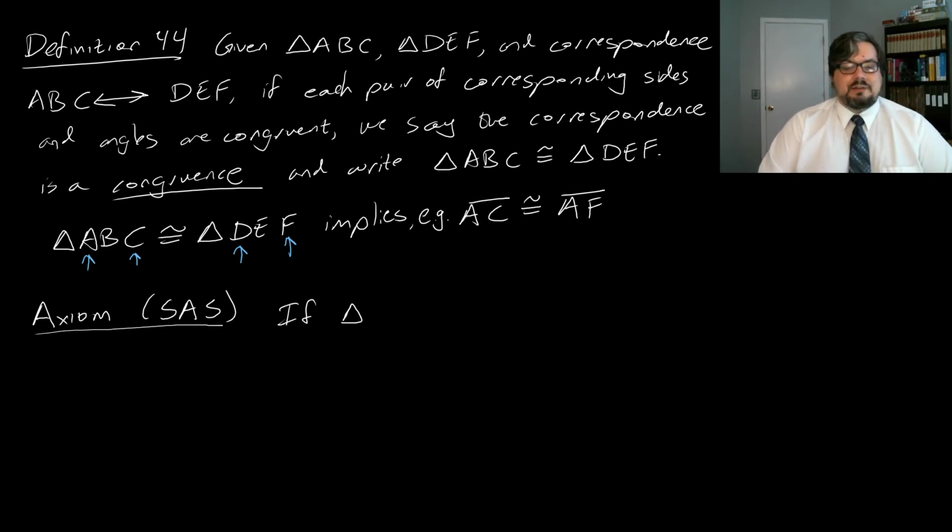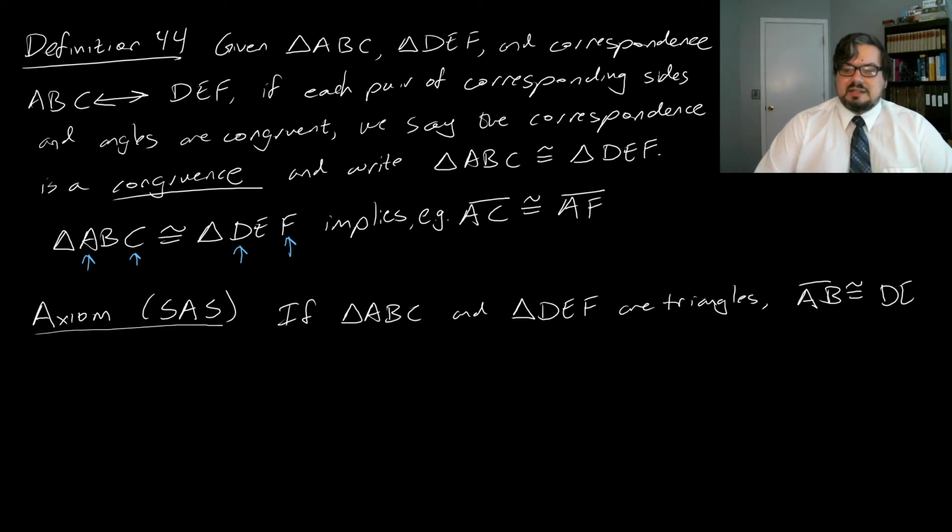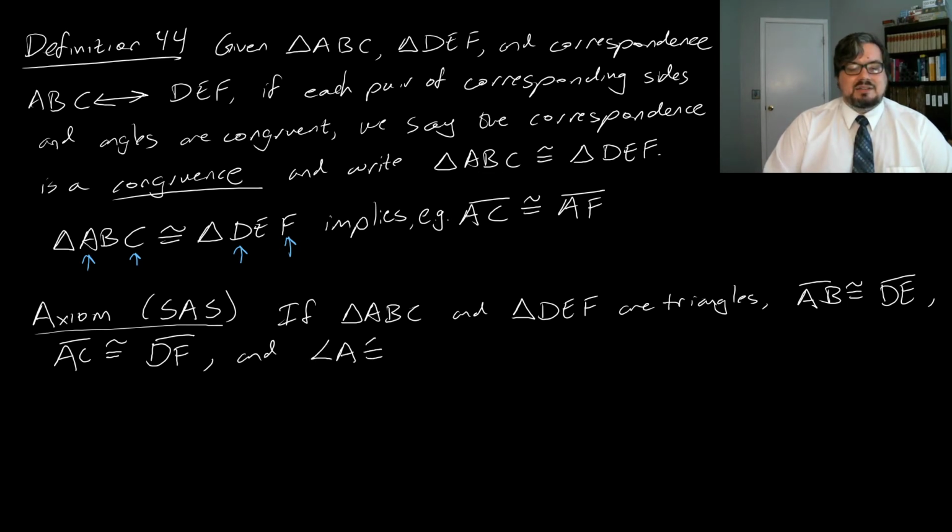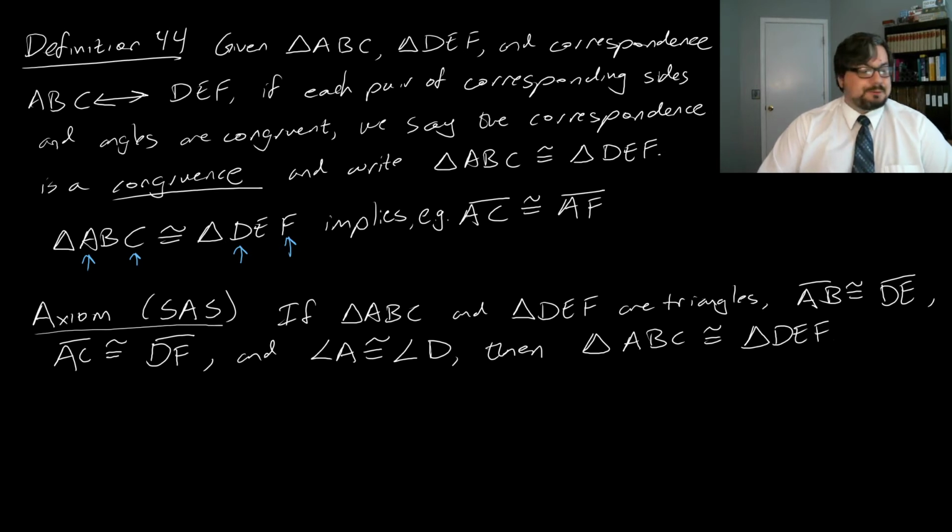It says that if triangle ABC and triangle DEF are triangles, the segment AB is congruent to the segment DE, the segment AC is congruent to the segment DF, and the angle at A is congruent to the angle at D, then triangle ABC is congruent to triangle DEF.